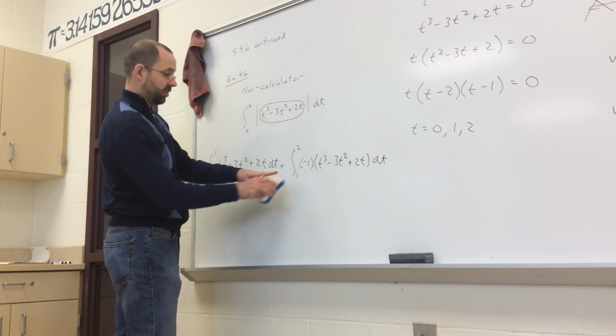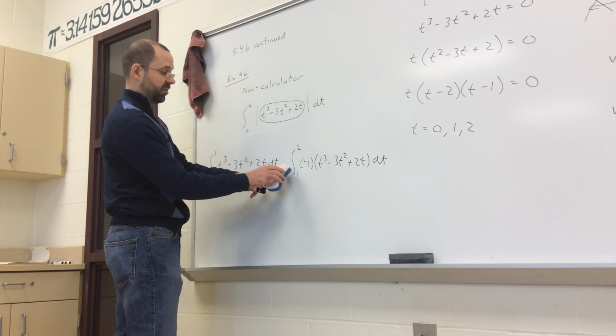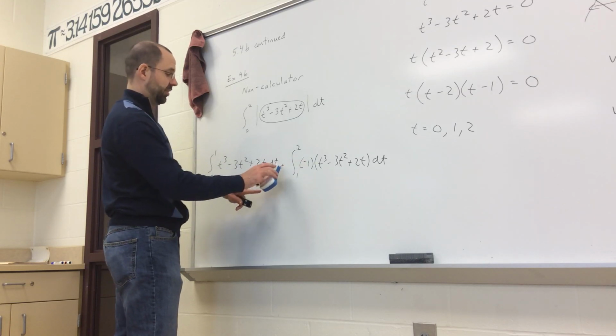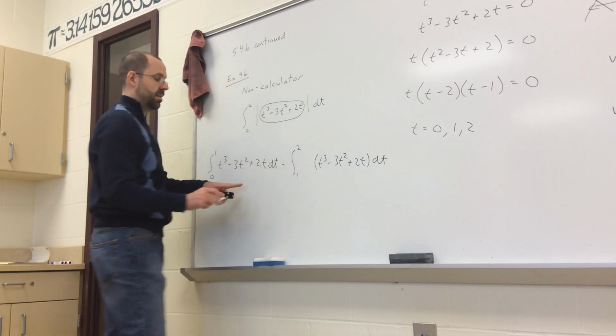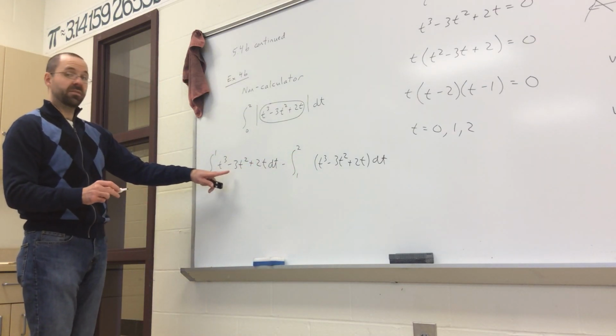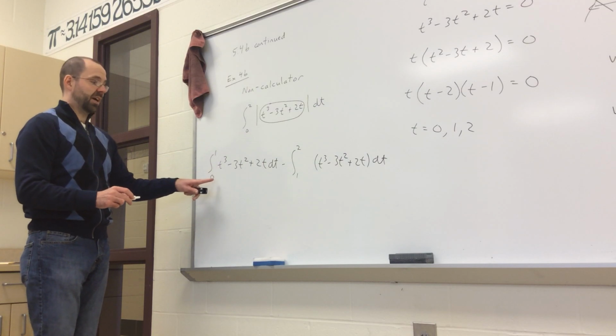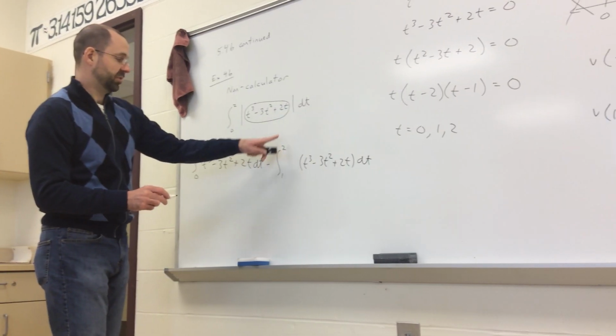To make things a bit easier, I'm going to carry this -1 in front of the integral. A constant can come in front of an integral, so that'll make this minus. So now I just need to take the antiderivative, plug in 1 and 0 and subtract. Then take another antiderivative, plug in 2 and 1 and subtract.